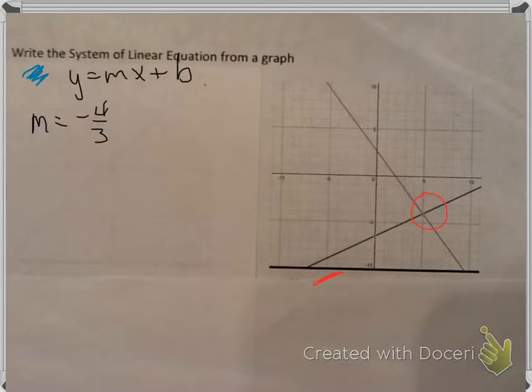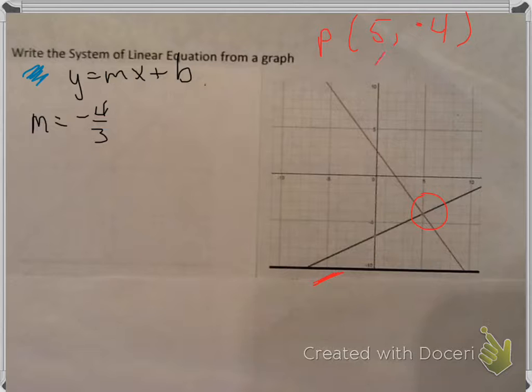So our point is positive 5, negative 4. And we can use this for both of them since they intersect there. That's what I would use.